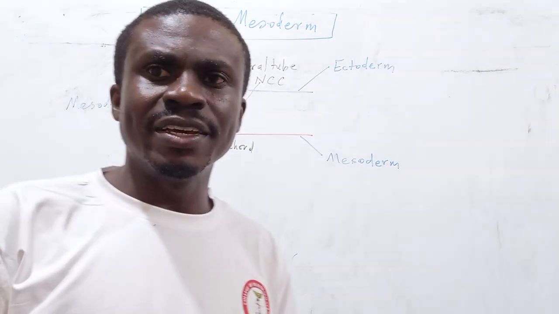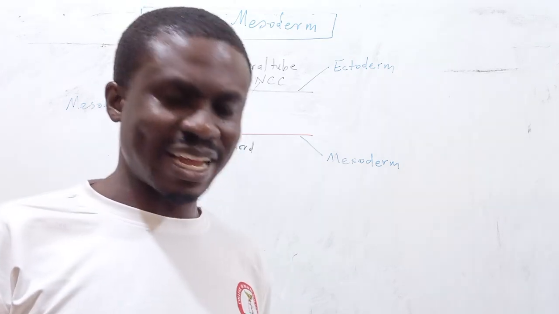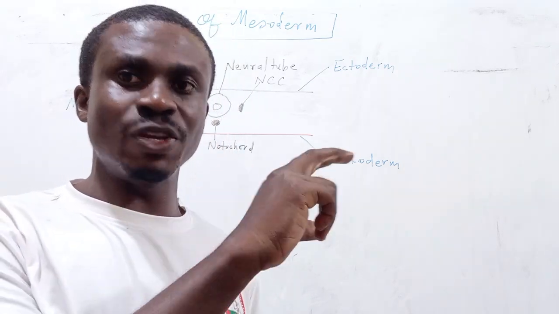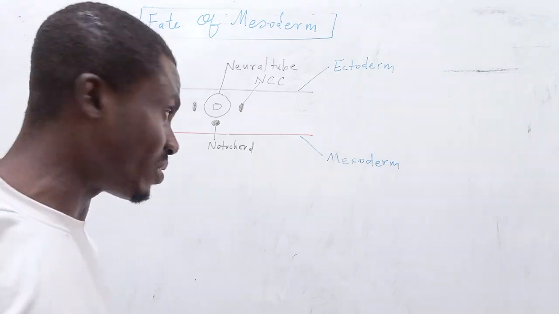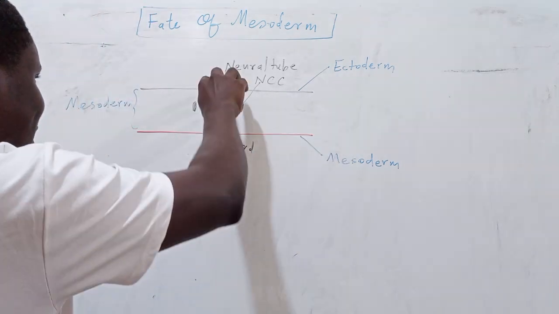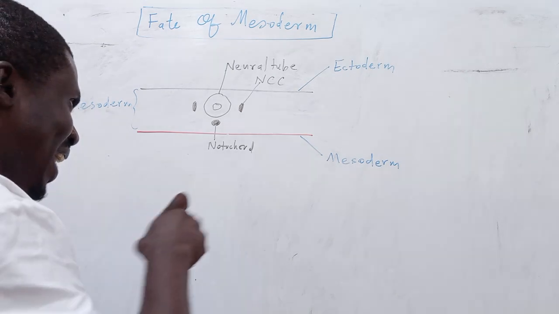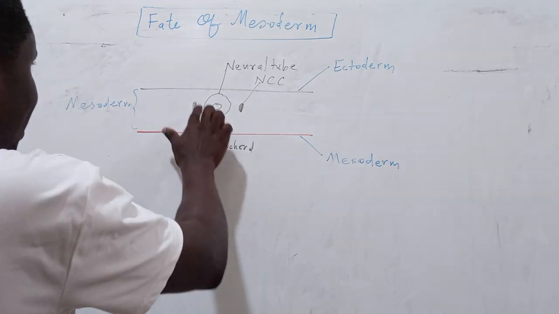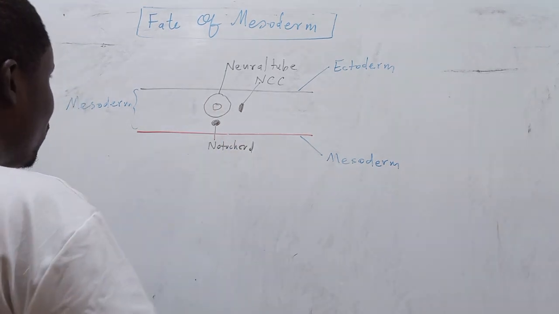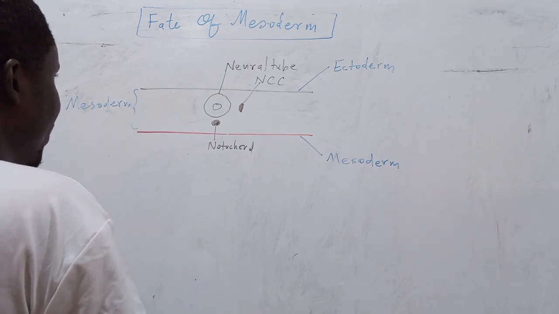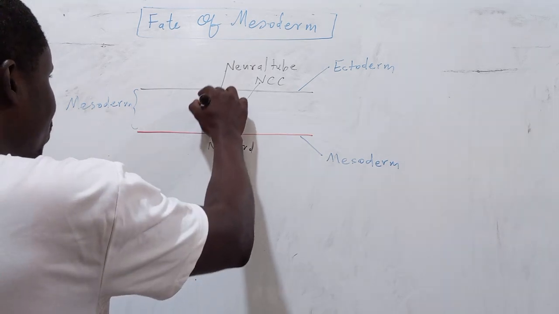Now, my friends, the interesting thing that happens is that this mesoderm, intervening mesoderm, will be differentiated into 3 entities on either side, taking the neural tube and the notochord as the axis. What we will see, let me bring these guys a bit closer to the neural tube.